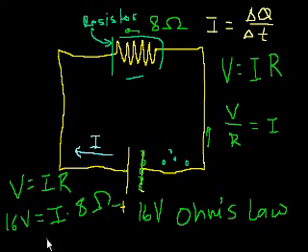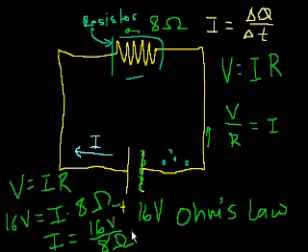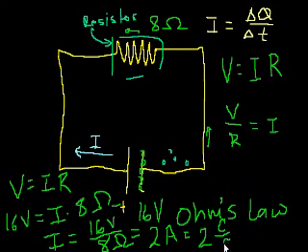So the current is equal to 16 volts divided by 8 ohms, which is equal to 2 amperes, or sometimes they're called amps, and that's the unit for current. But as we know, current is the amount of charge per amount of time. So an ampere is just a coulomb per second, right?